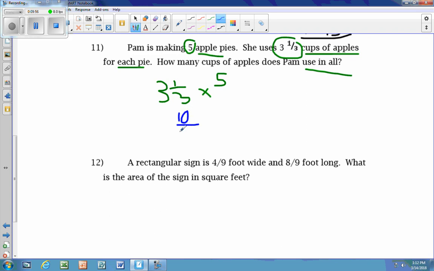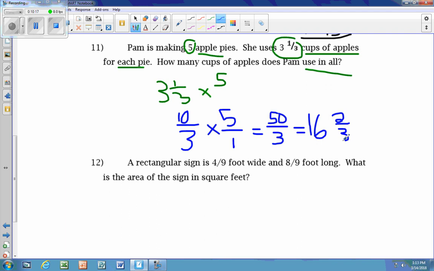So this should be 10/3 times 5, and we're going to put the 1 underneath it to make it easy to multiply straight across, and we end up with 50 thirds. We can't leave it improper, so we're going to change it back. So we make sure that we change it back into a mixed number. We end up with 16 and 2/3.